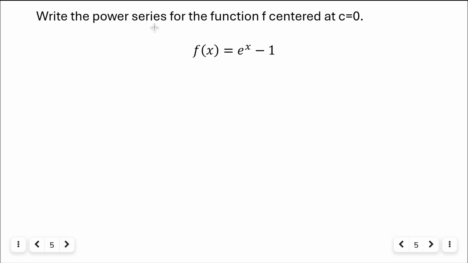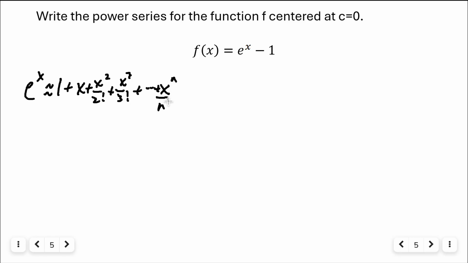So let's write a power series for the function f centered at c equals 0 if the function is e to the x minus 1. Well, here's the idea. What we want you to understand is that e to the x is this series: 1 plus x plus x squared over 2 factorial plus x cubed over 3 factorial plus x to the n over n factorial.